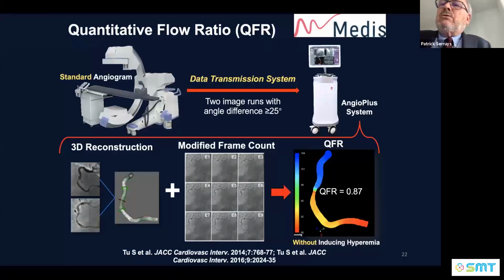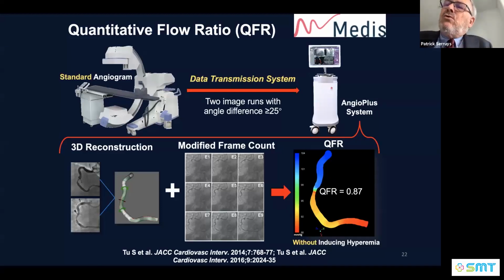So we are getting close to the pragmatic stuff after this introduction. Basically, what you have to do is two projections separated by 30 degrees. These two projections will facilitate the 3D reconstruction.